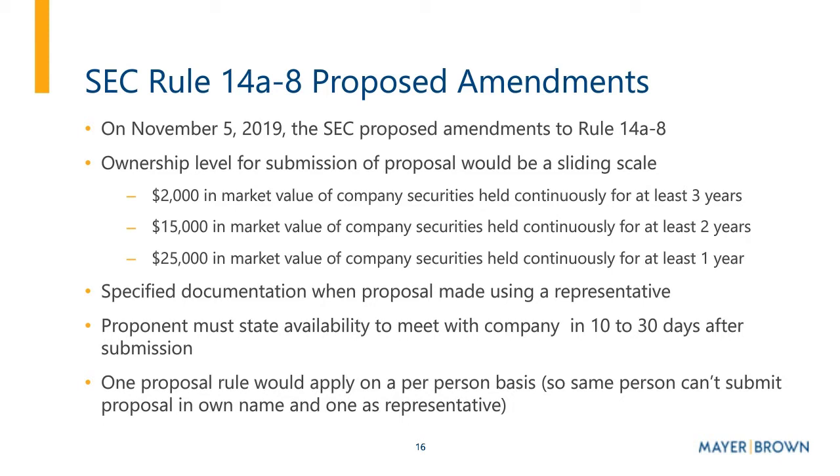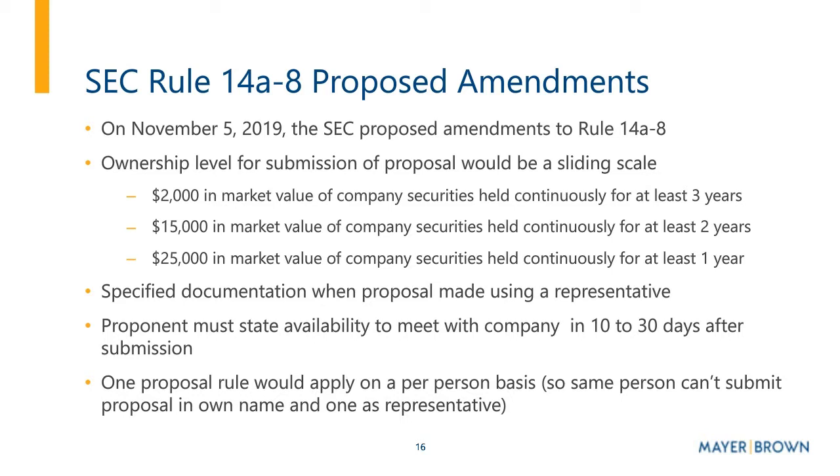And what the amendments would do, first, it would change the ownership threshold for submitting a shareholder proposal. And now it would be, if the proposal goes into effect, a sliding scale, so that an owner of $2,000 worth of voting securities would need to hold them for at least 3 years to be able to submit a proposal, while an owner of $15,000 would only need to hold them for 2 years.